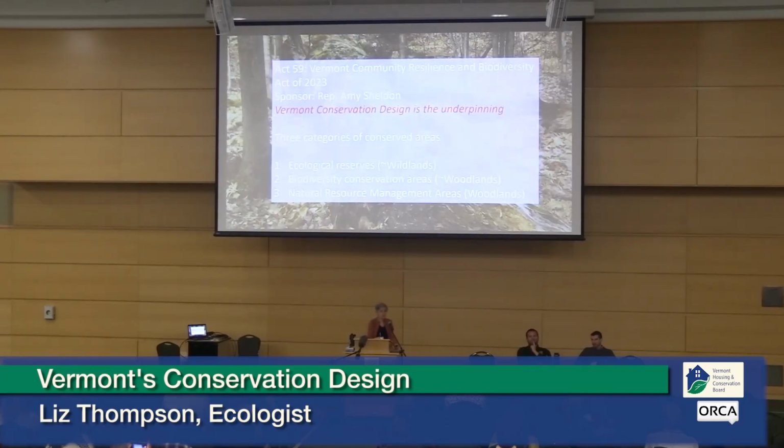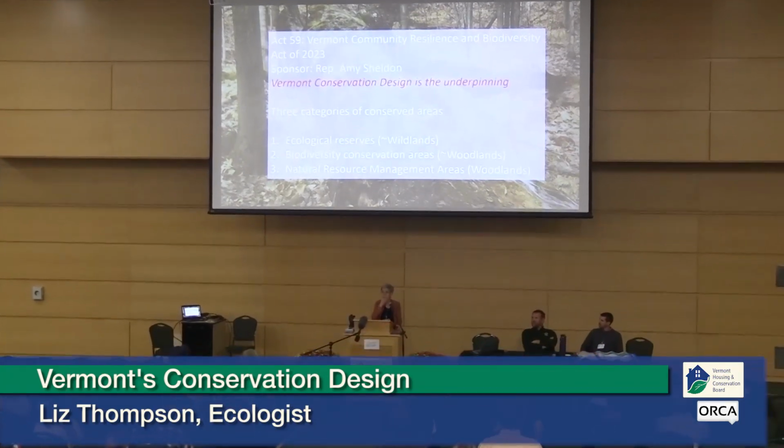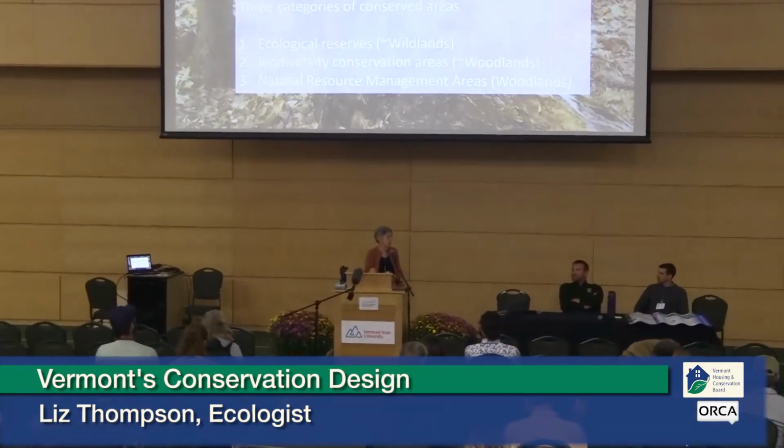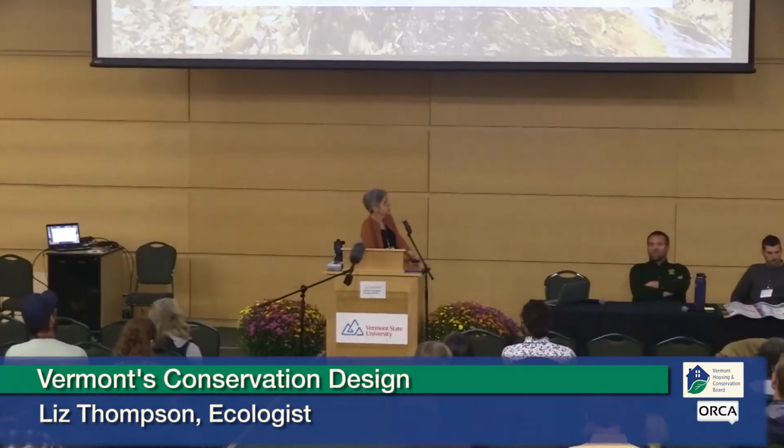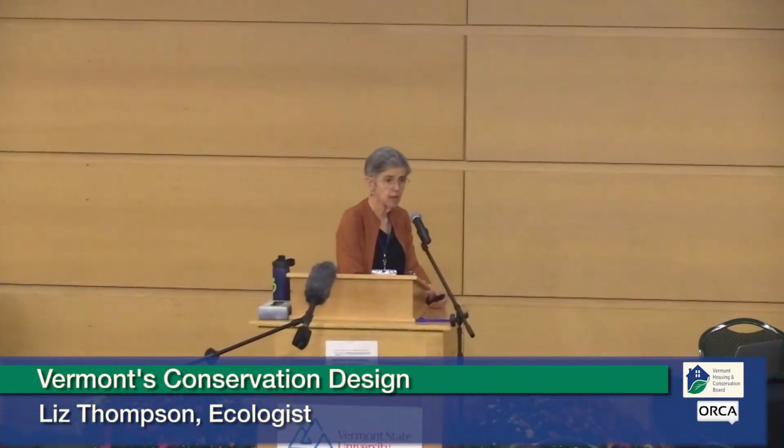Now, how does this relate directly to Vermont? Well, two recent pieces of legislation, which you'll be hearing more about today, or have already heard plenty more about today. Act 59, the Community Resilience and Biodiversity Act of 2023, important legislation, which really uses Vermont conservation design as its underpinning.